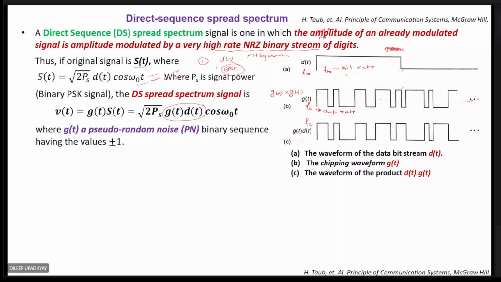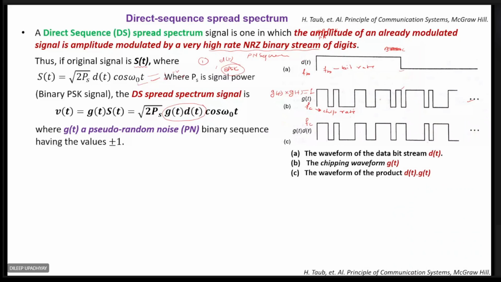Wherever GT is -1, and again GT is -1, the signal will be 1 as well. So the multiplication of GT with GT comes out to be 1 only. That is, whether the original GT is 1 or -1, G square T will always be 1. We will use this property later, not in the generation of direct sequence spread spectrum, but rather in its detection.